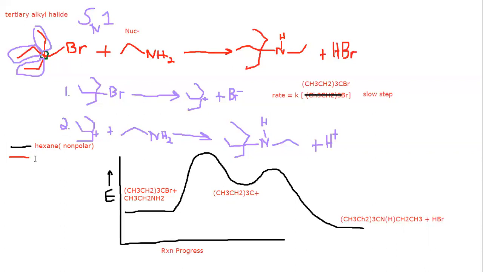Let's say here we're going to use ethanol, which is a polar solvent. Now, if I draw the energy diagram using ethanol, it would be lower in energy than hexane, because again, the nucleophile tends to have better solubility in polar solvents.